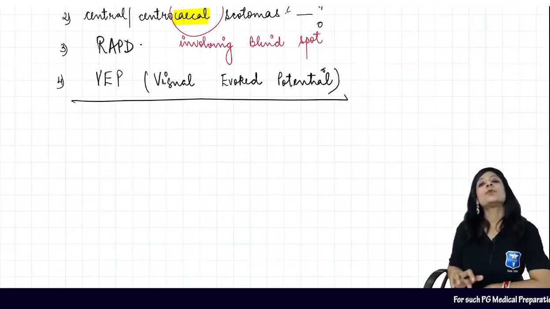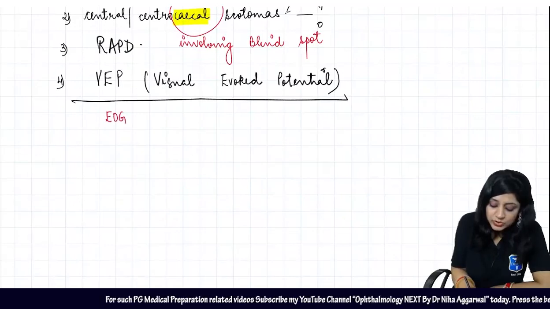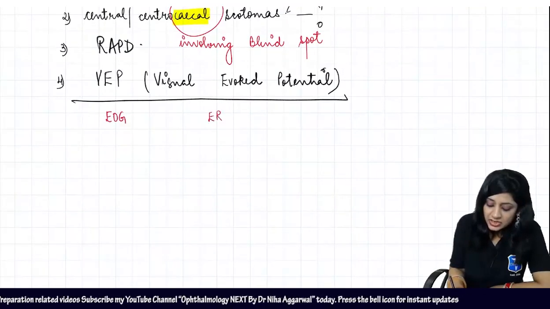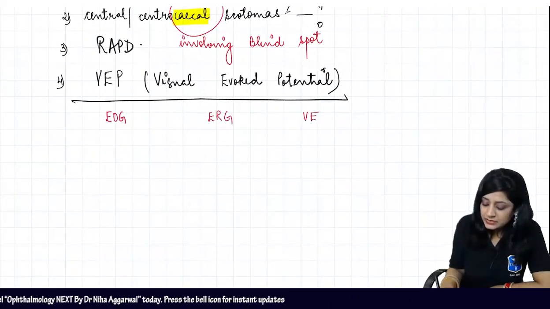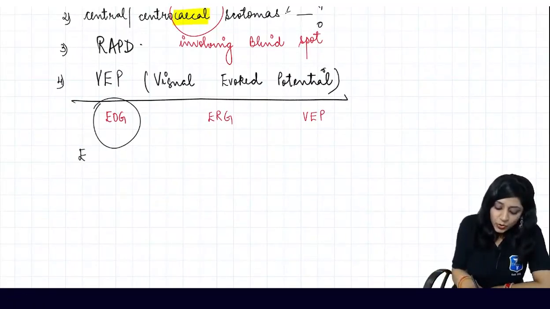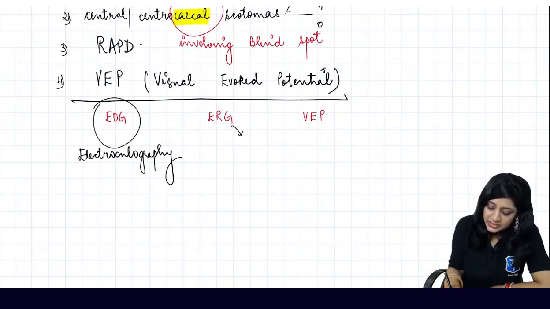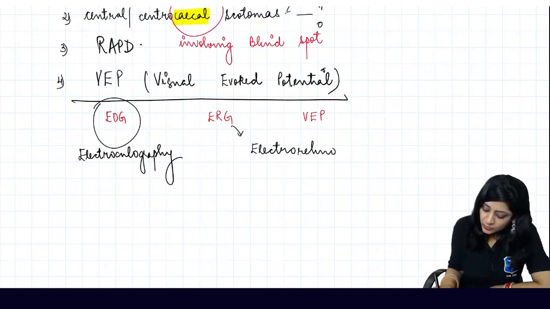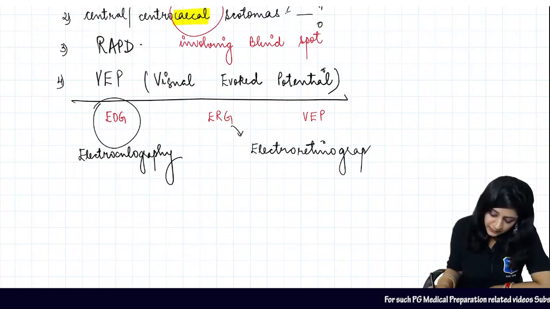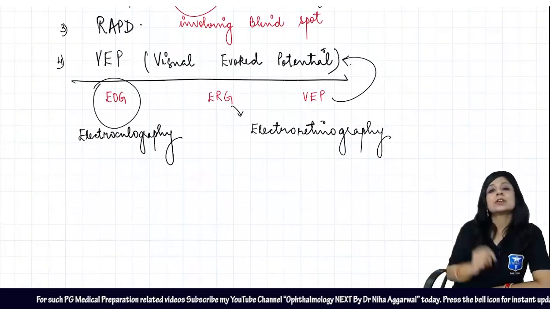Now, visual evoked potential is also a good one. We have got three tests: one is EOG, one is ERG, and one is VEP. EOG is electrooculography, ERG is electroretinography, and VEP is your visual evoked potential.